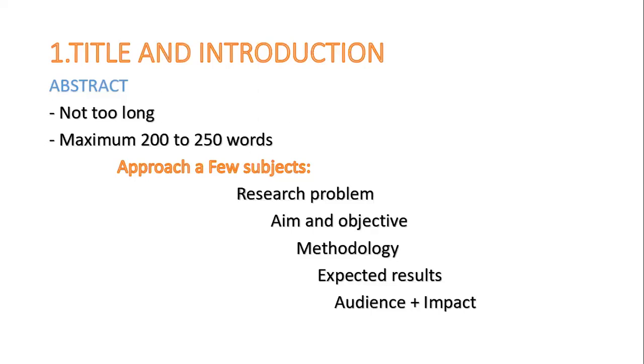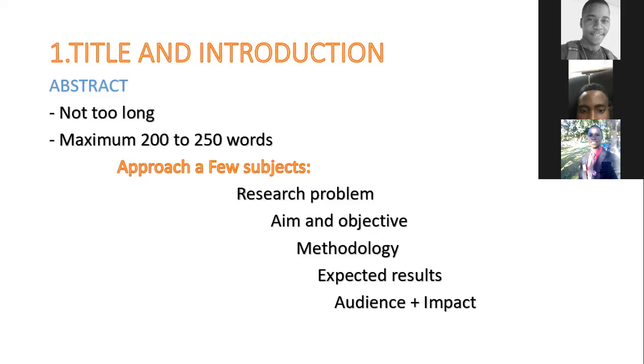After the abstract, that is when you bring out the introduction. What should be contained in your introduction? The introduction in a research proposal should contain a clear explanation of your research topic, the title.